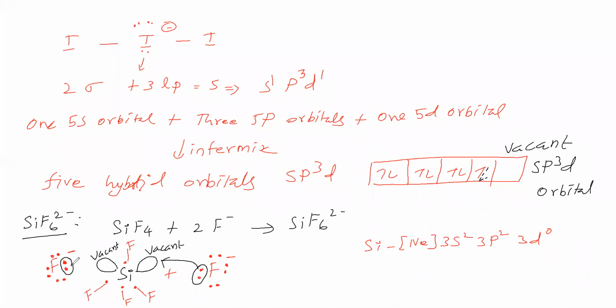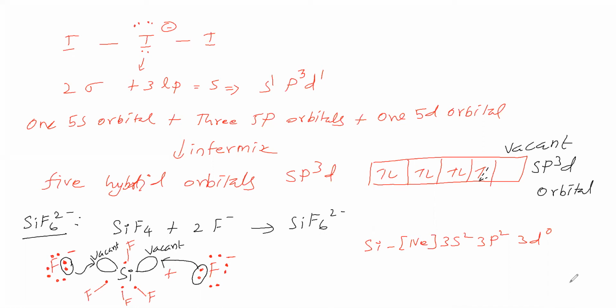Here also F minus is contributing a lone pair. This side also F minus is contributing a lone pair. Silicon is contributing a vacant orbital, one on the right side, one on the left side. Like this contributing. Therefore, this F minus is making a dative bond with this silicon. This F minus is also making a dative bond with this silicon.